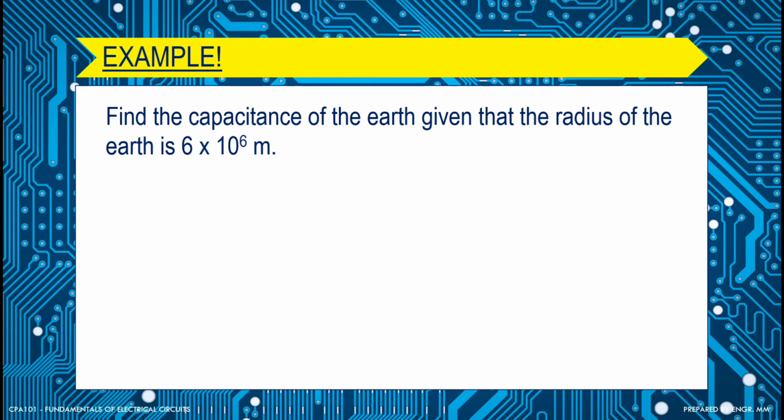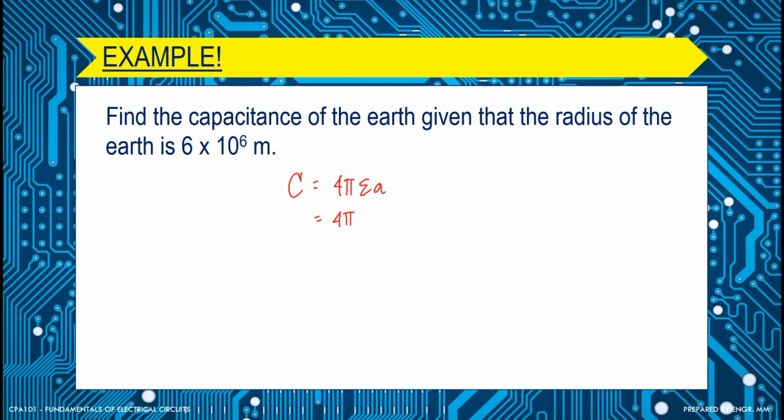Find the capacitance of the earth given that the radius of the earth is equal to 6 times 10 raised to 6 meter. So let's use the formula that we have earlier. C is equal to 4 pi EA, where E is the permittivity of the material and A is the radius.